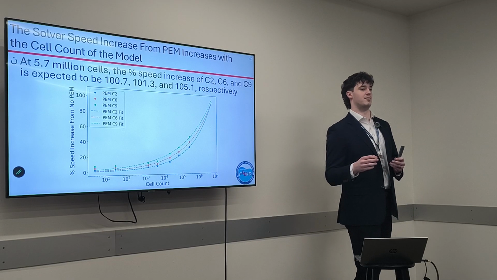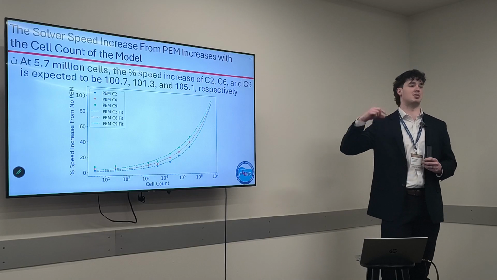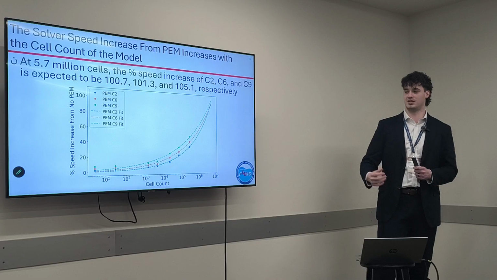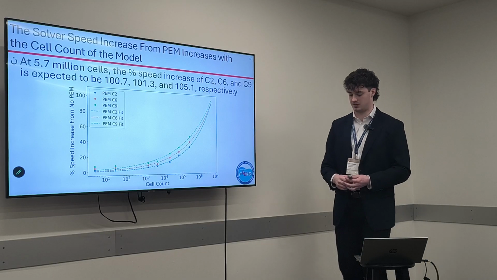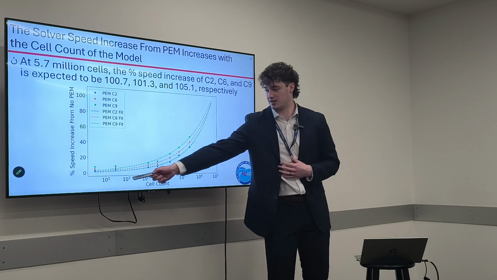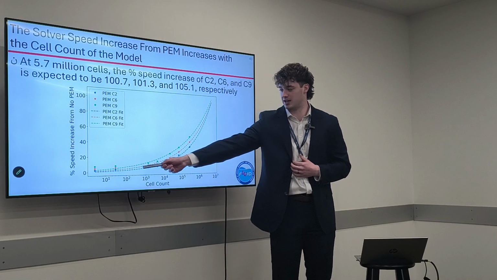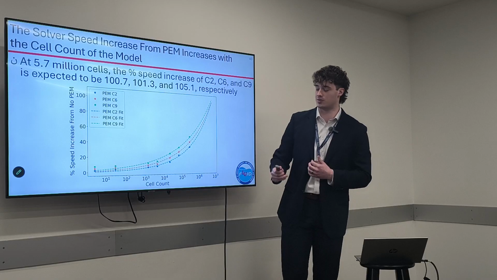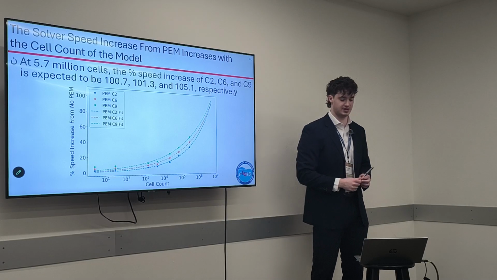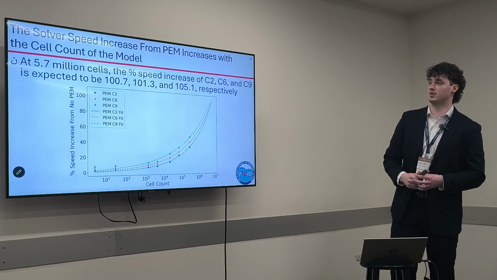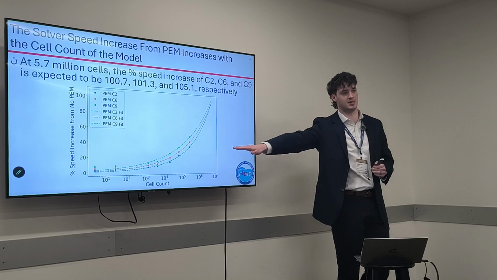So if case C2 is 10% faster than the base, you'll see it at 10 on this plot versus cell count. So as you can see here in our 3-cell CSTR with all the puny improvements, as you increase cell count, you are increasing the improvement up to around 50% for C9 with the 200,000 cell mesh.